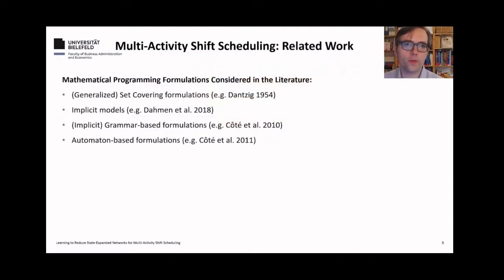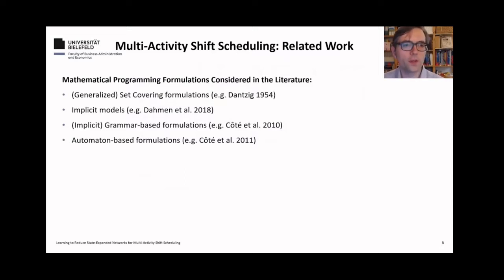When it comes to solving multi-activity shift scheduling problems using mathematical programming, there are a couple of formulations that you can find in the literature. Probably the most famous one is the set covering formulation, which was proposed already by Dantzig.